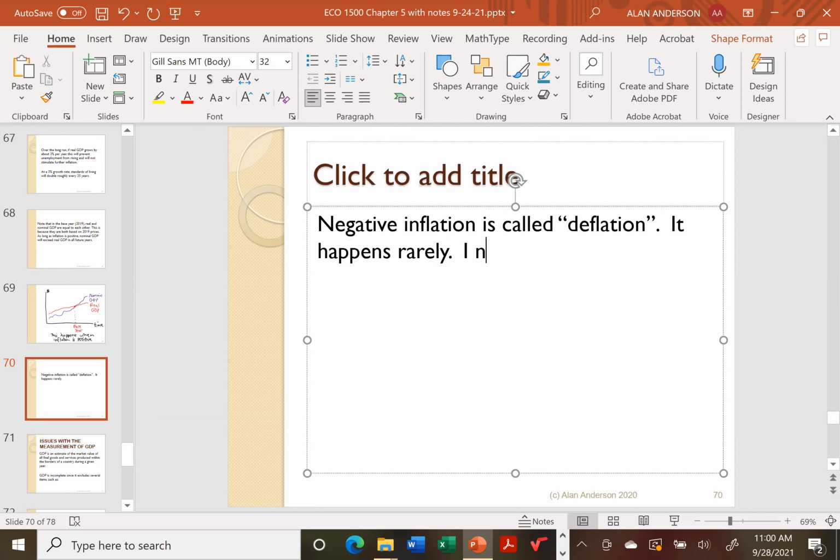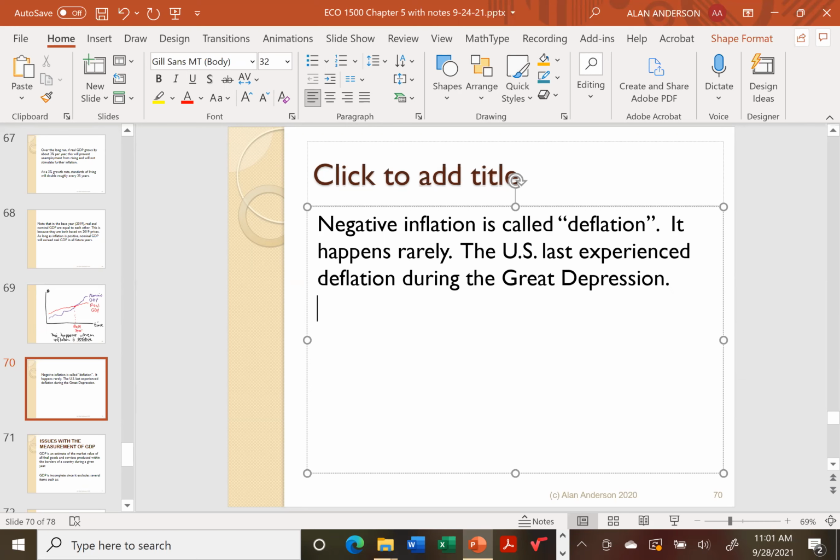In the US, well, let's put it this way, the US last experienced deflation during the Depression in the 30s.